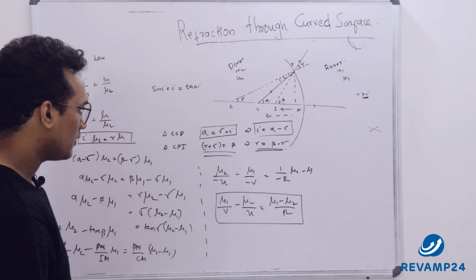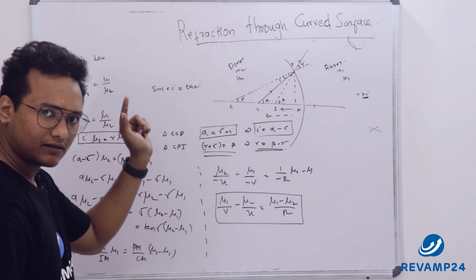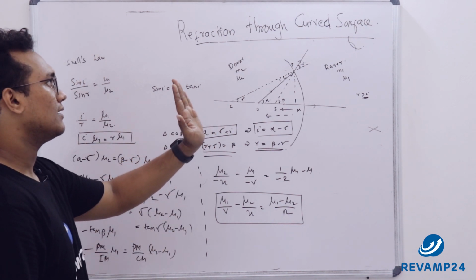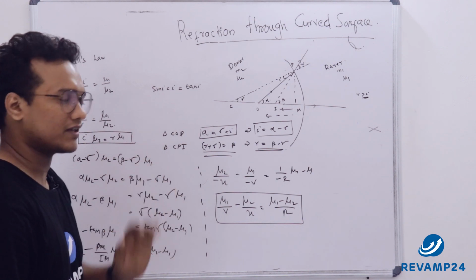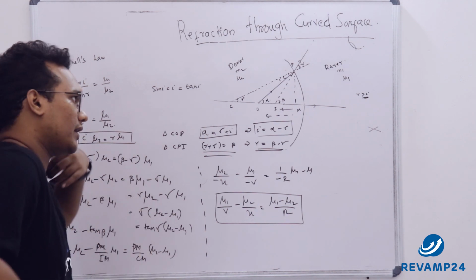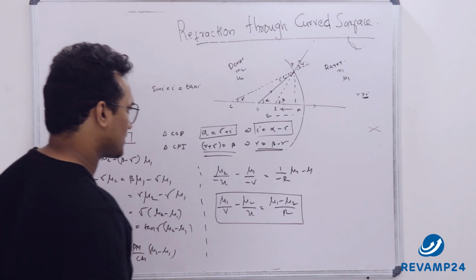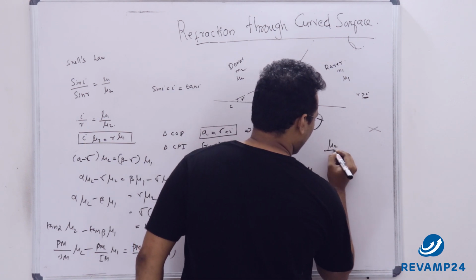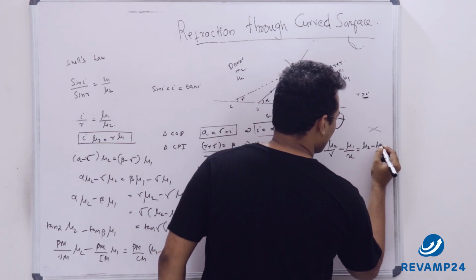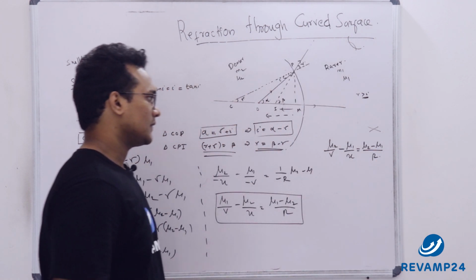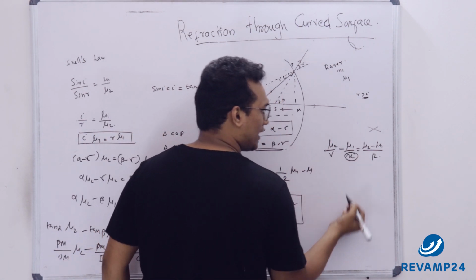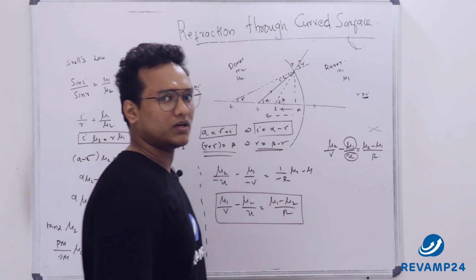Now, in the previous case, with the curved surface having a convex nature, when the light ray enters from rarer medium to denser medium, we have seen an equation which was mu 2 divided by V minus mu 1 divided by U is equal to mu 2 minus mu 1 divided by R. And in that case, our object was kept in the medium mu 1, that was rarer medium.